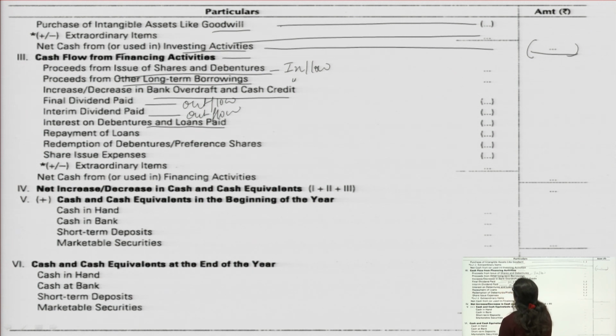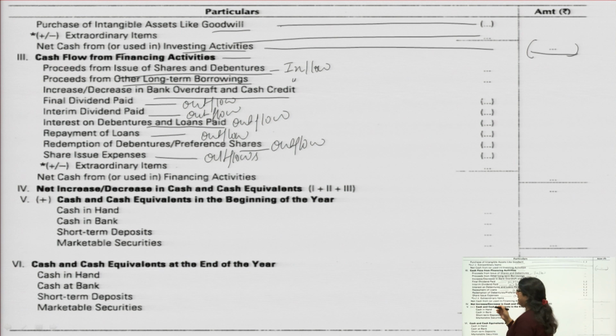Interest on debentures and loans paid, again a payment, it means outflow. Repayment of loans, again outflow. Redemption of debentures and preference shares, again outflow. Share issue expenses, also outflow. These are the expenses which arise at the time of issuing the shares.